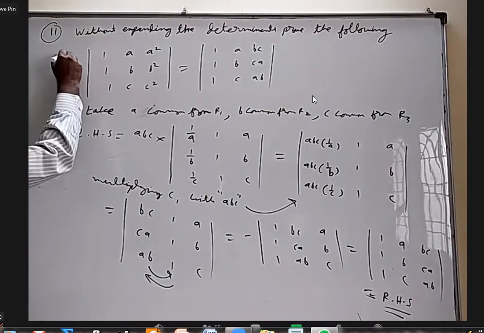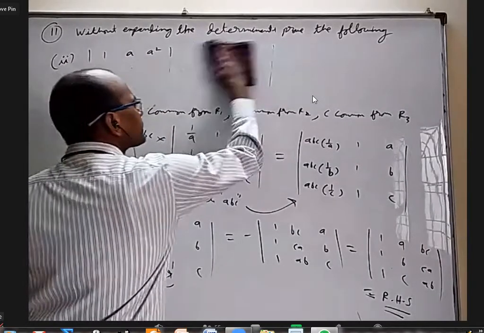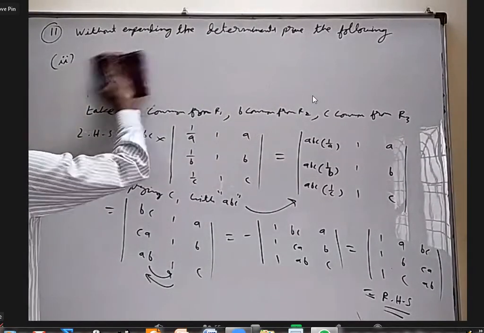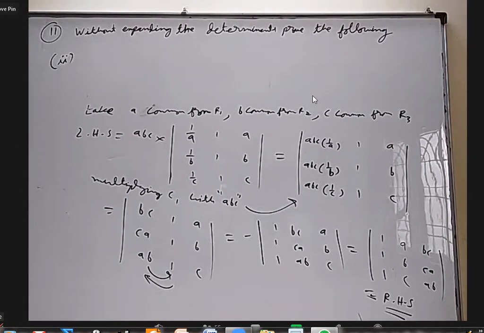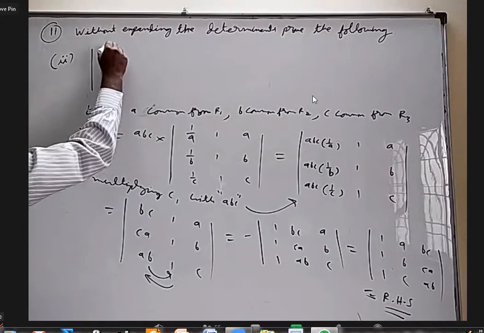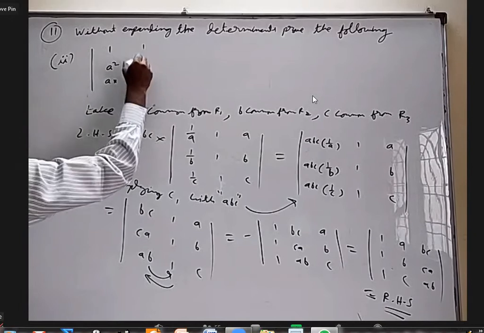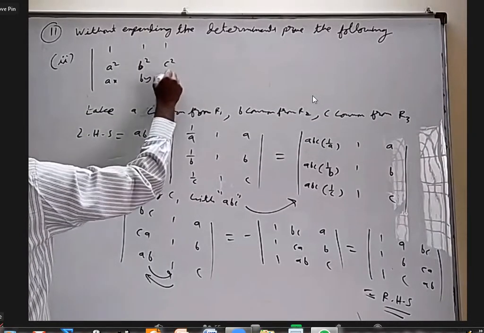Okay, I'm giving the second question now. Just erasing the question here. 1 a square ax, 1 b square by, 1 c square cz.